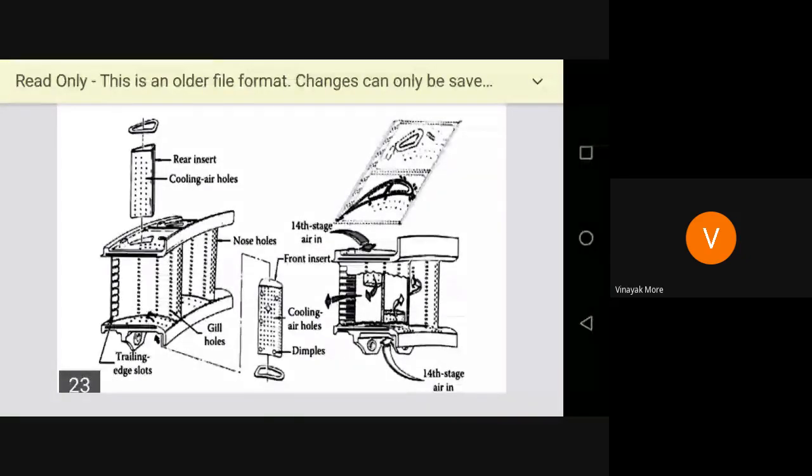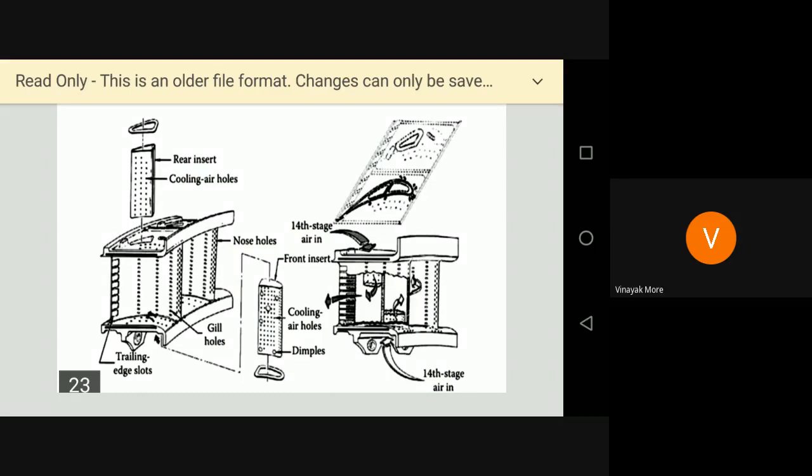You can observe these nozzle guide vanes can be connected to the casing on one side, and it is having two passages, one at the top and one at the bottom, and also it is having two edges. One is the trailing edge at the back side, another is the leading edge. So the leading edge is the front side of the nozzle where you can see a number of holes from the start to end. These holes are alternate holes, one on the side and the other drilled, and beside we have one more, the trailing edge.